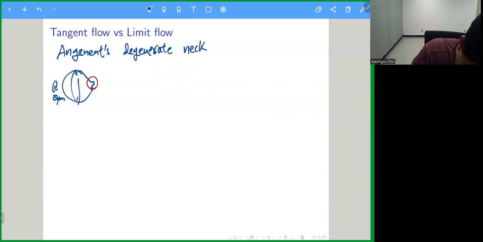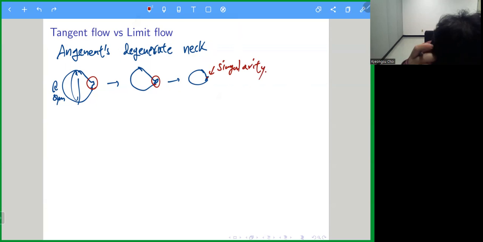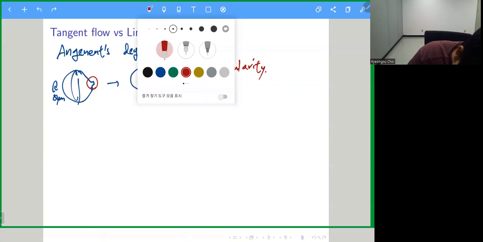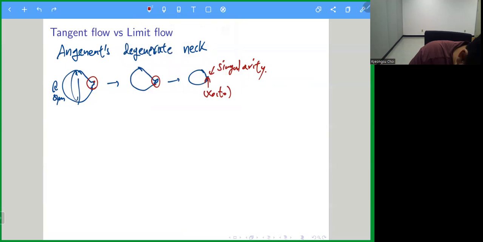So these develop a point singularity before the entire flow develops a singularity. So this is a finite time singularity. Let me say this singularity is x naught, t naught. And we can choose the tip of the flow as x0, t0.